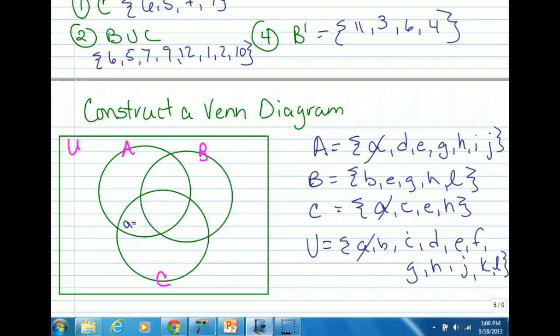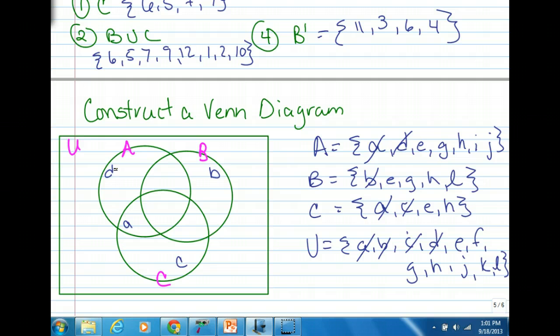Then do the same thing with B. It's in set B and the universe, so we put B right here in set B because it's not shared with anybody else. Do the same thing with C. Just C, so I'm going to put it right here. D is in set A and just the universe, so I'm going to put it in A.